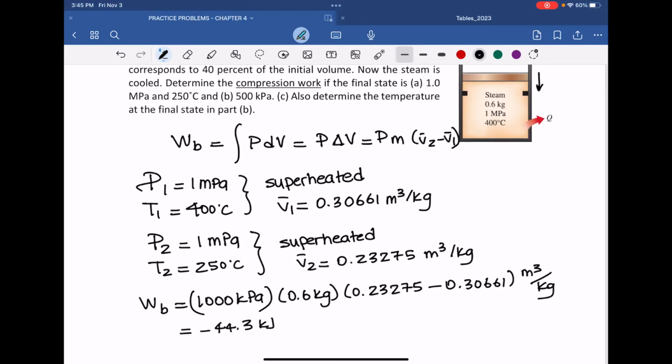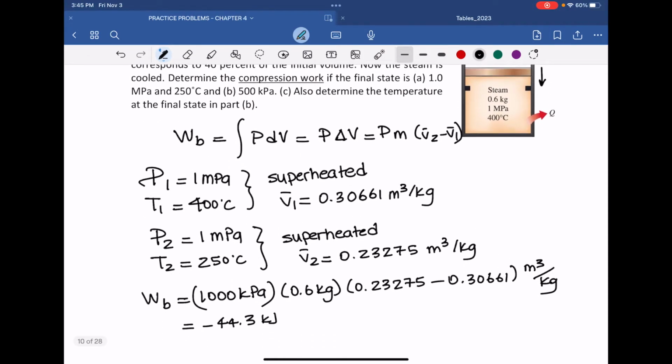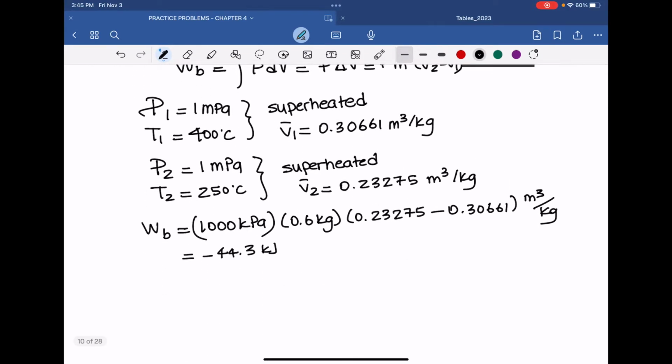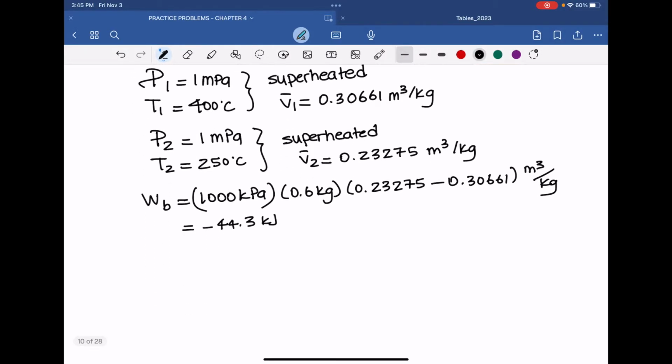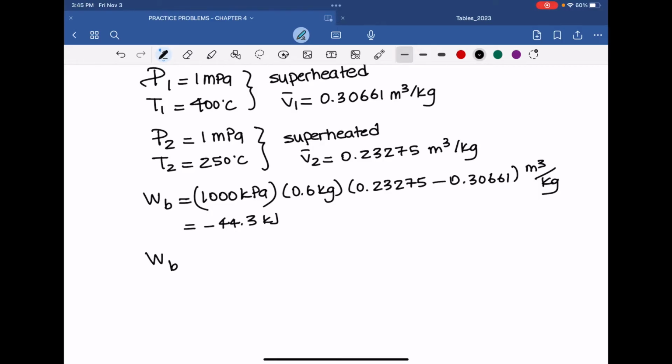Therefore, once we figure that out, what is left is, if this piston goes down all the way to the pair of stops, how much boundary work do we need to do? And we can calculate that also. How? Because we know that the place of the pair of stops is 40% of the initial volume.